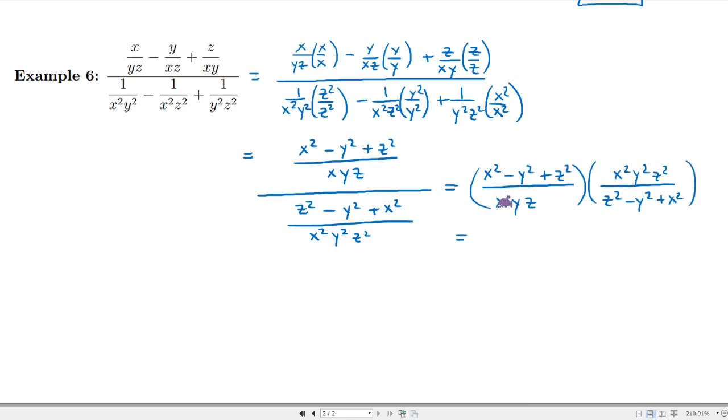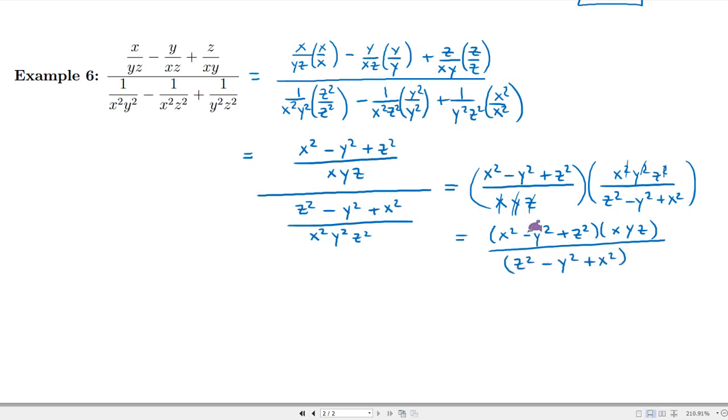And we can do some reduction. So one of these x's reduces, one of these y's reduces, one of these z's reduces, and we are left with x squared minus y squared plus z squared times xyz over z squared minus y squared plus x squared.